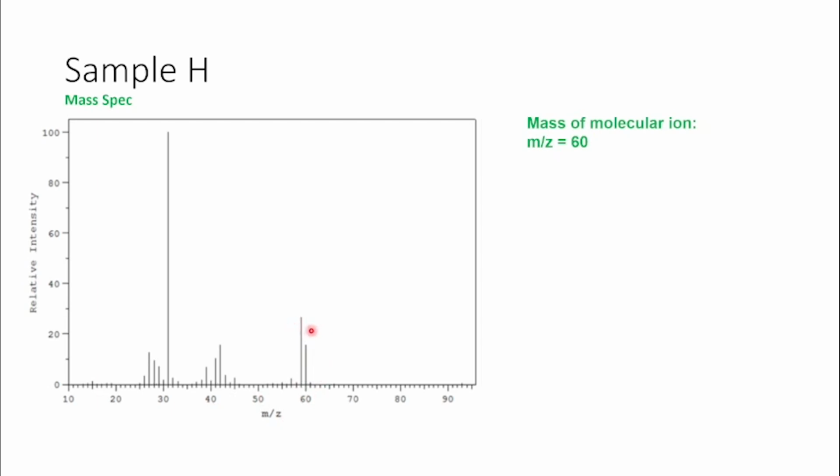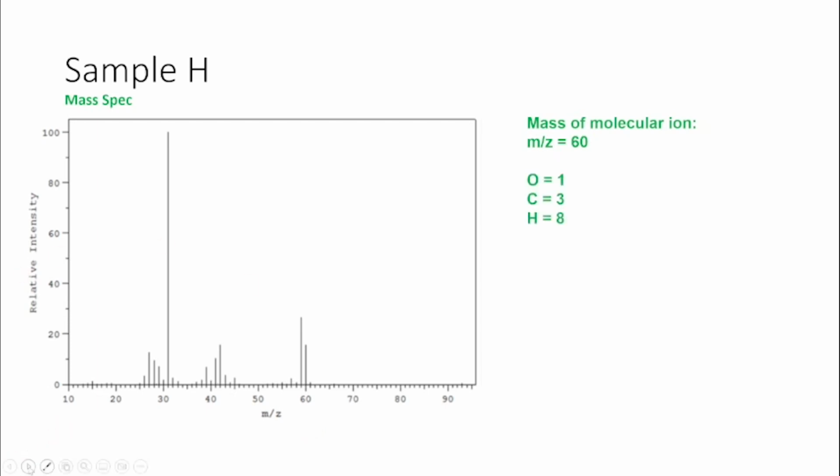Now, we do have another peak that's very close to it, sitting at about 59. However, this is probably not due to any halogens because the ratio isn't quite right, and the difference in mass is not quite right either.